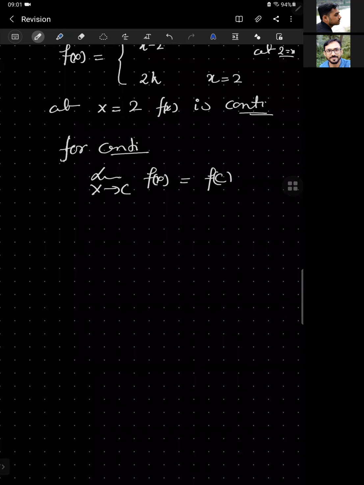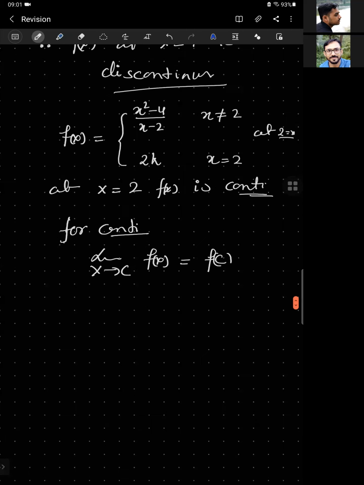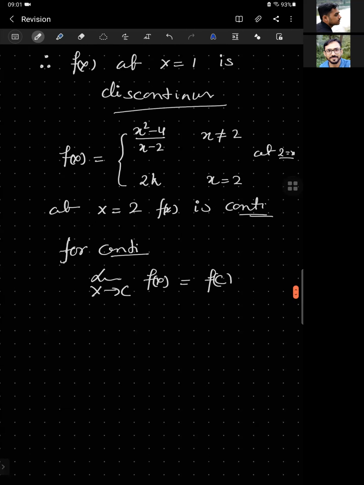If limit x tends to c, f(x) is equal to f(c), then the function is continuous at the given point. If it is not equal, then the function is discontinuous.